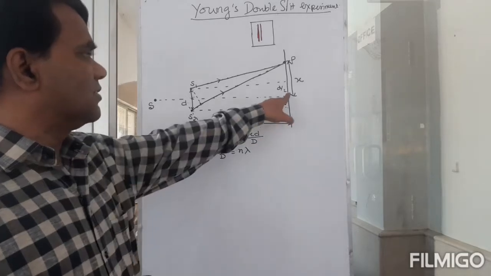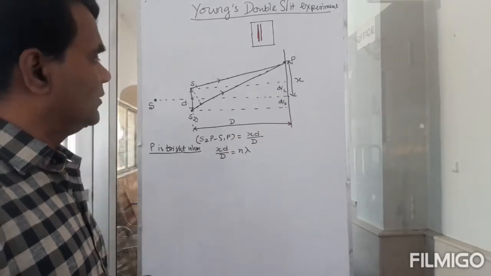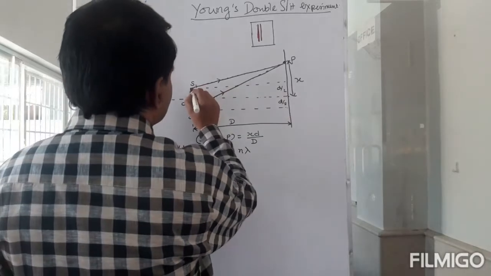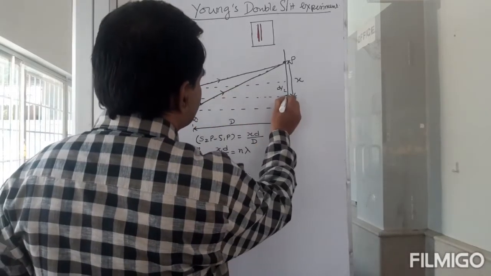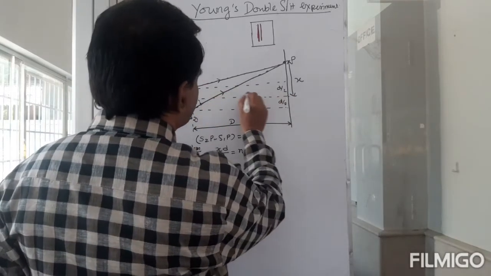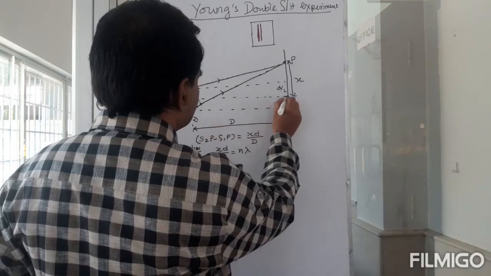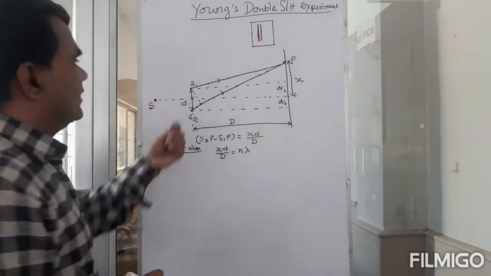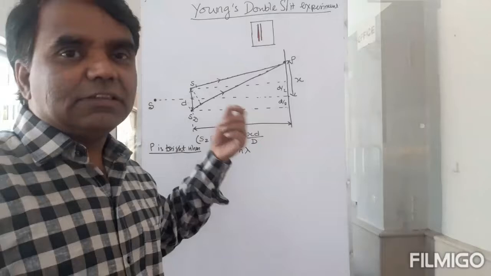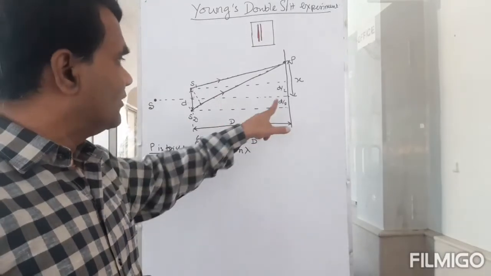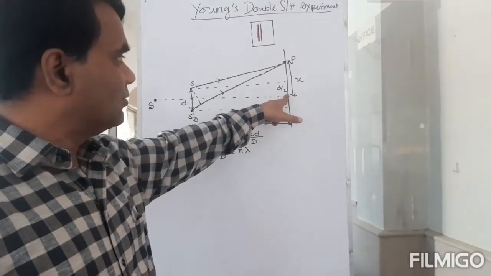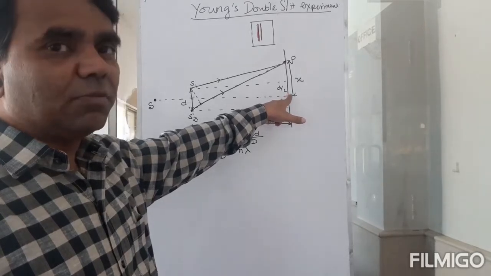So what happens at the center point? At the very center, you notice this path and this path are going to have the same length. In that case, there is no path difference. So at the very center, you are going to get a bright spot.